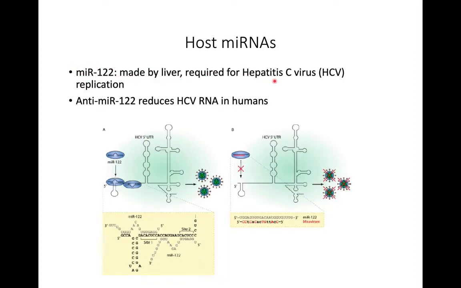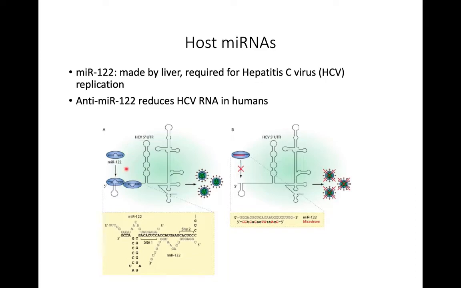And this microRNA is required for hepatitis C replication. So if we treat patients with a drug that prevents microRNA 122 from associating with the hepatitis C genome, that reduces viral replication in humans.